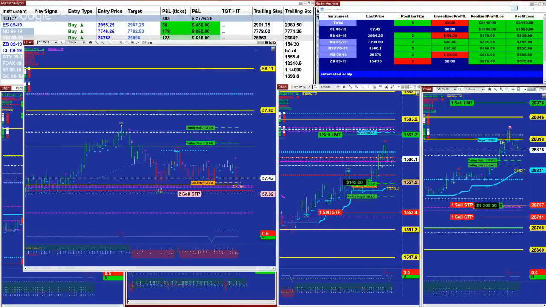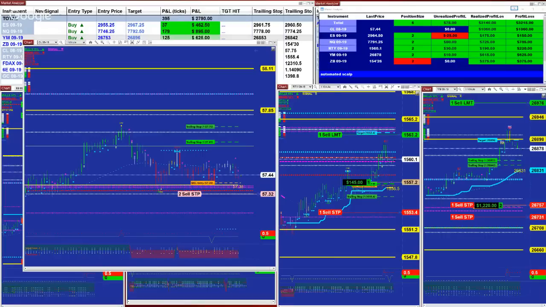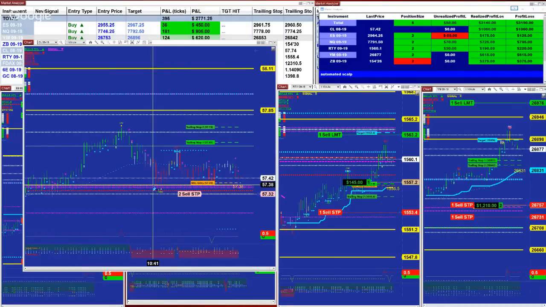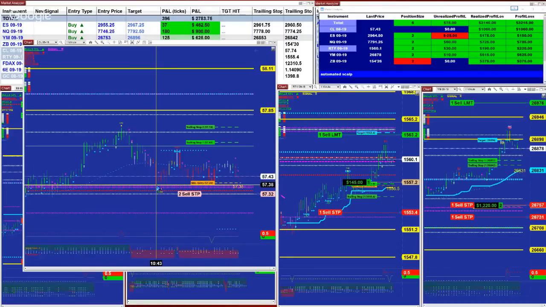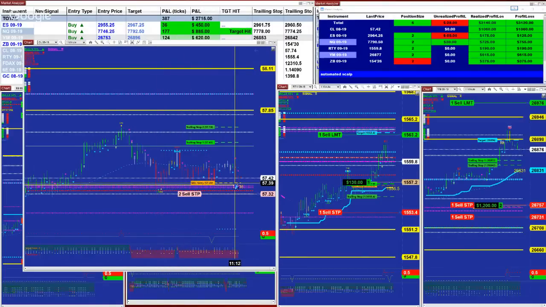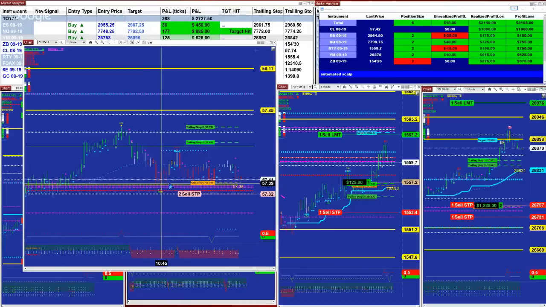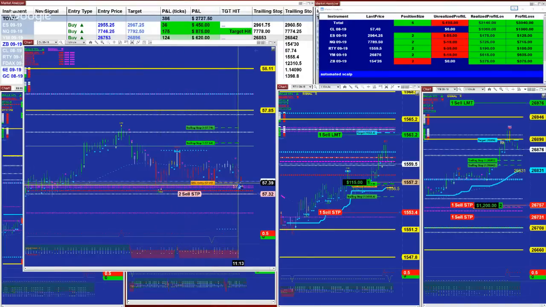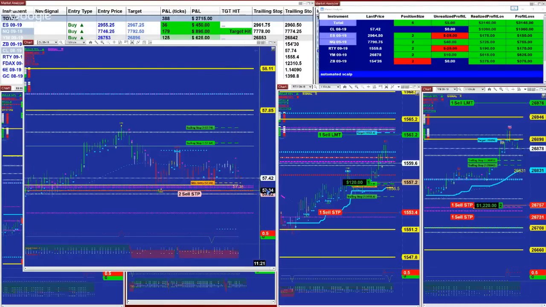As we see, this CL has been testing that area for the last half an hour. Look at those levels from 10:43. One time, two times, three, four, five, six, seven, eight, 10 times, the CL has not been able to break that area.